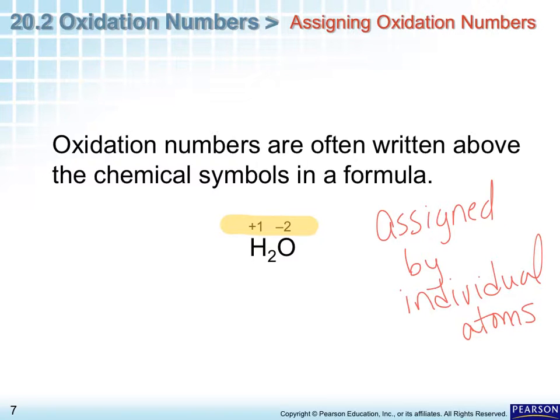Even though there are actually 2 hydrogens in this compound, we say that each hydrogen has a +1 oxidation number. So each individual atom is what that number is assigned to, not both of them together.